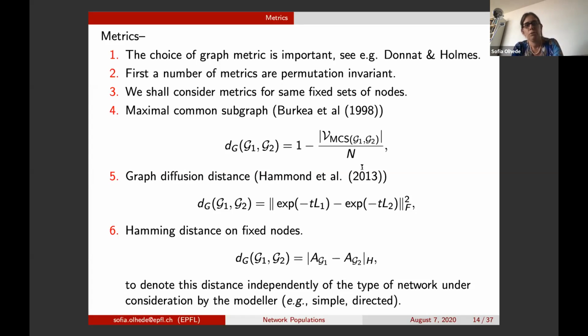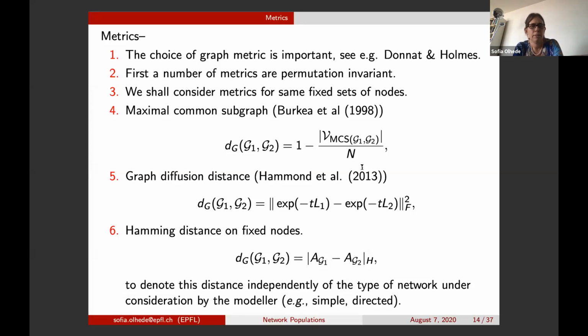There's the graph diffusion distance, which tries to view the graph not as just an enumeration of all the edges which you put in a matrix, but instead tries to measure how things would diffuse on your graph. And if you have two different graphs, how are they diffusing differently? And then finally, the easiest distance to imagine is just you have the two adjacency matrices, you've assumed you have the same nodes, so you just take their difference and you apply your favorite matrix norm. So all of these are choices.